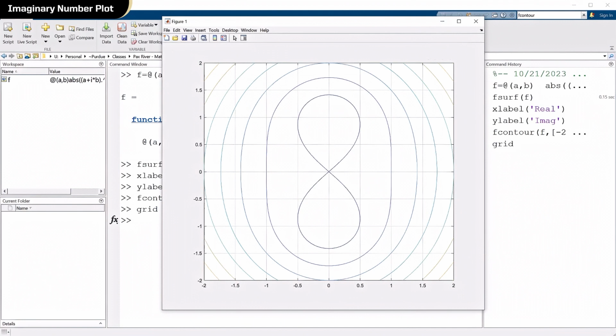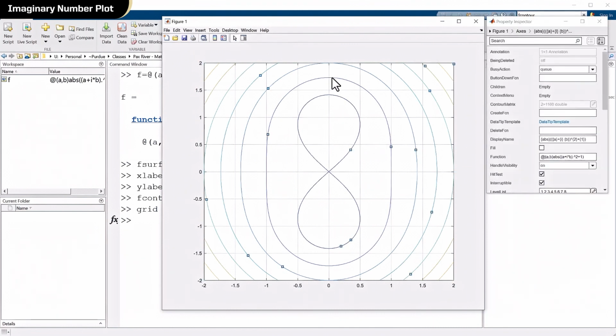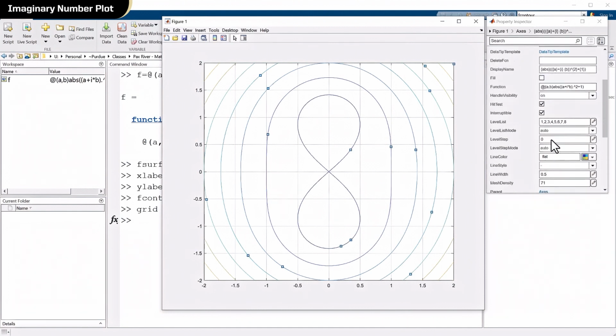Well, yeah, it's okay, but it would be nice if I could zoom in a little farther. Well, you can. What we can do now is click there and just double click on the plot. And you can see down here there's a thing called level step. Level step is the vertical distance between contour lines. And I messed around with this a little earlier.